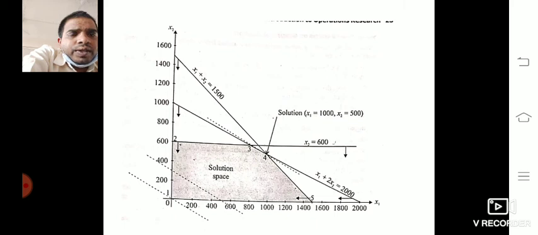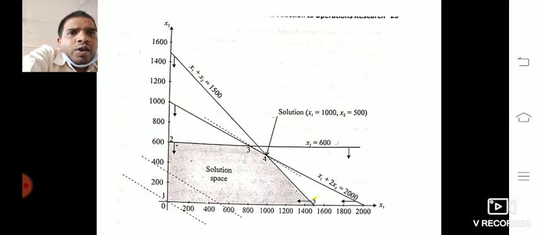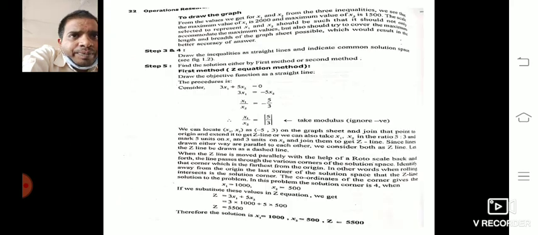We need to intersect those two points and find where they intersect. From the intersection point, we draw a straight line so that it passes through the origin.